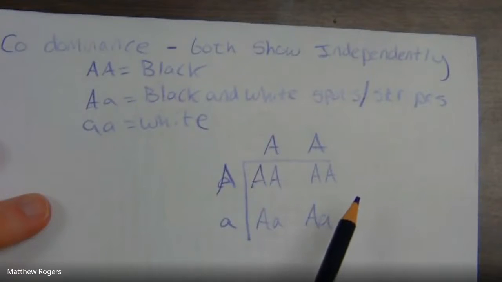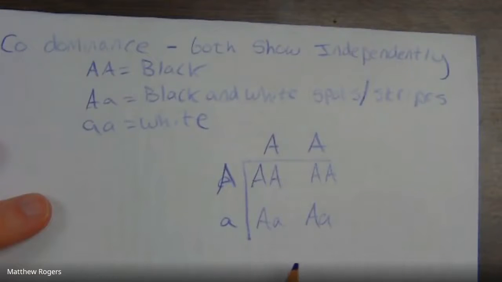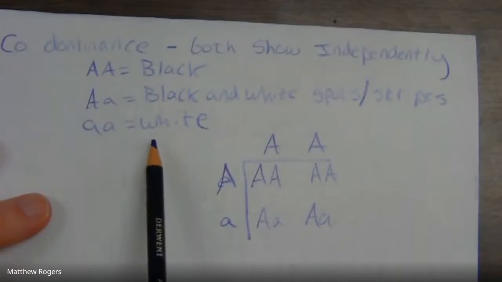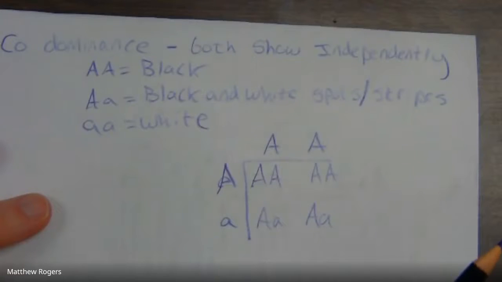So it'll be a white cow with black spots, or a black cow with white spots, however you want to look at it. It's like the cup is either half full or half empty. And little a is a white cow, and that's not here, so we don't have to worry about that. So that's just a basic codominance.